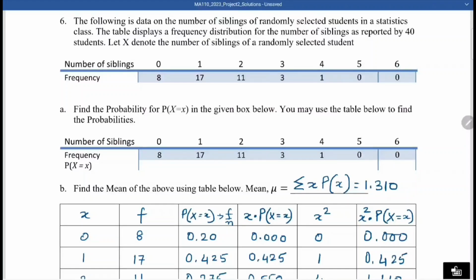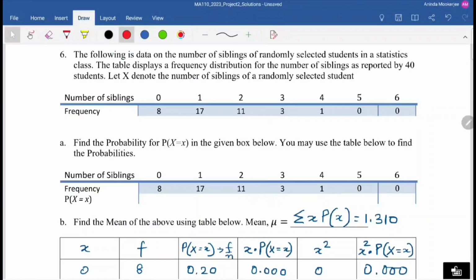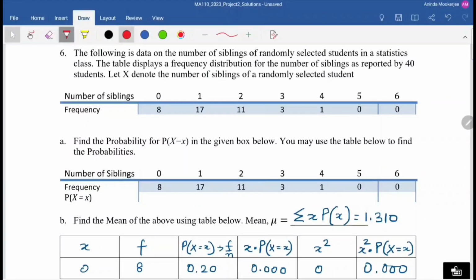No, these don't represent n in any way. n is the sum of frequencies, so 8 plus 17 plus 11 plus 3 plus 1 should give you a value of 40. So n should be 40, all right? So sum these values up for the frequencies, and n should be equal to 40.